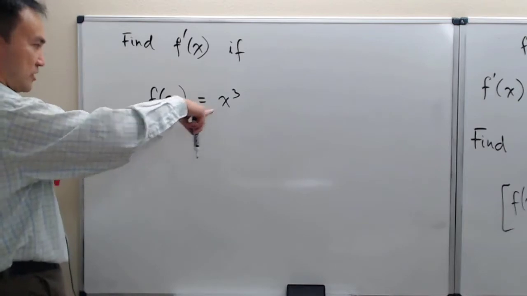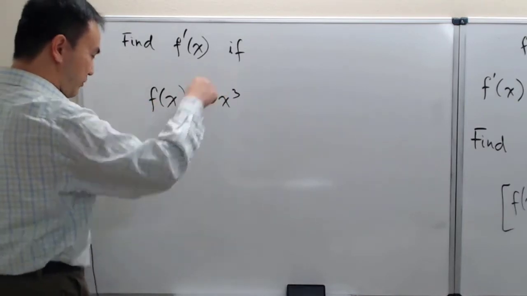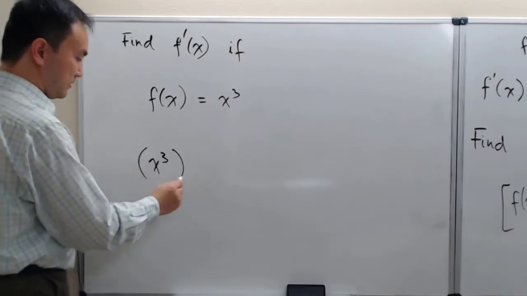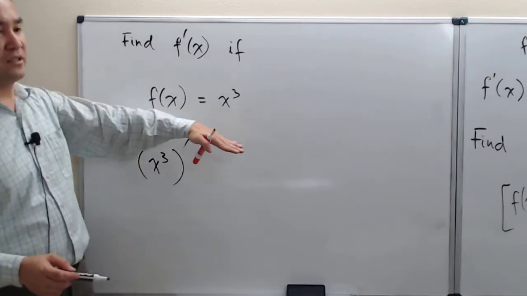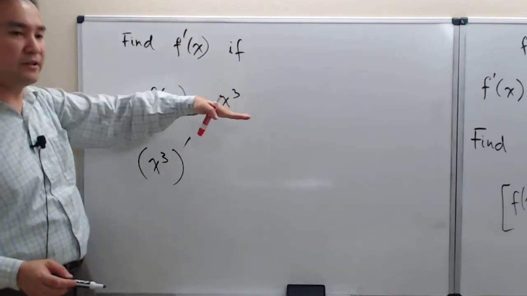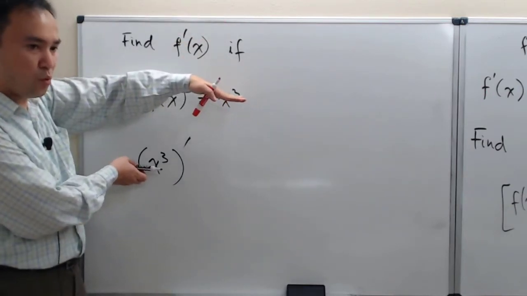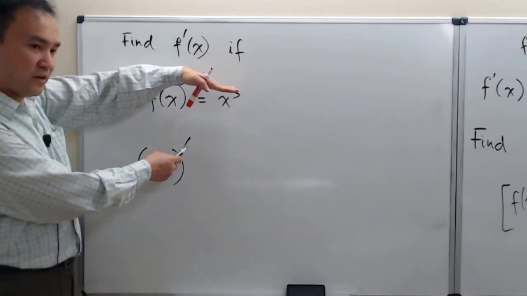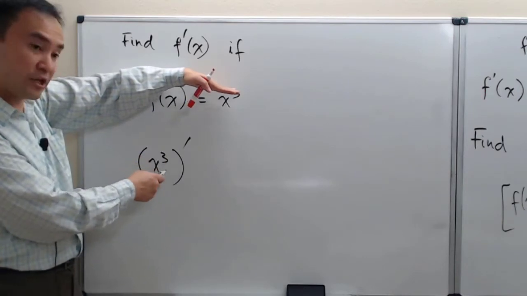So the function started out in functional notation, so I'm going to indicate directly. Our expression right here, x cubed, is our function. I am going to do this thing, prime. Now we can completely disregard all this, because seeing this right here is one instruction telling the reader everything: take the derivative, find the derivative of the respective function x cubed.